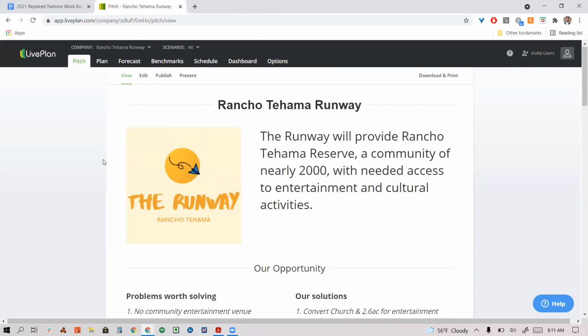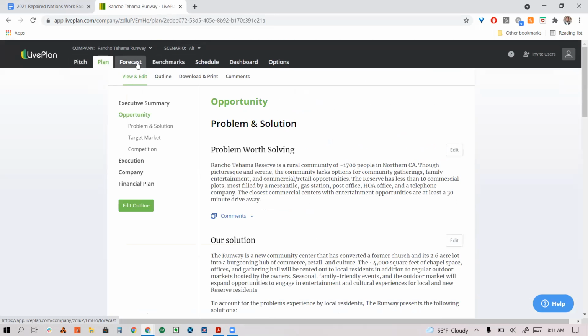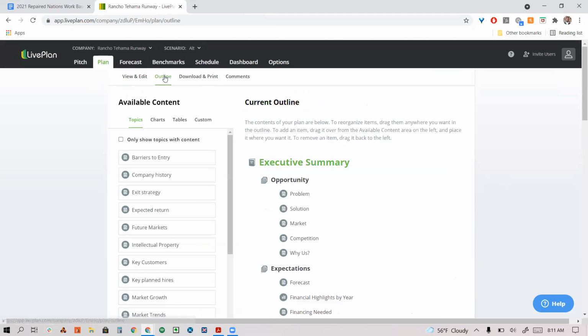So I'm going to stop on this LivePlan. But yeah, y'all have seen the outline of what a business plan could look like. We've gone through how the different sections approximate to the business model canvas.